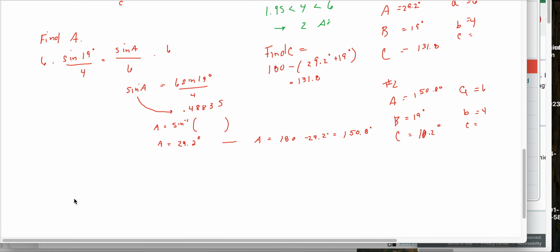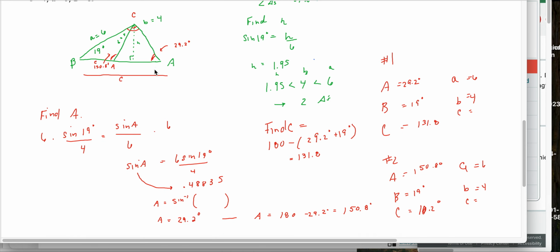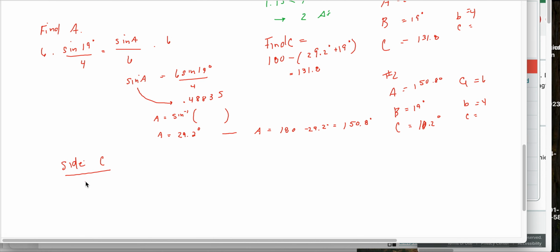So to find side C, let's go back over here. Let's set up, again, a proportion or a sine ratio with the given information, because you're going to be using exact numbers then. And by that I mean that we know this angle was given and side B was given, so I'm going to use that for sure. So we can say sine 19 over 4, and then to find side C, let's start with the first triangle.